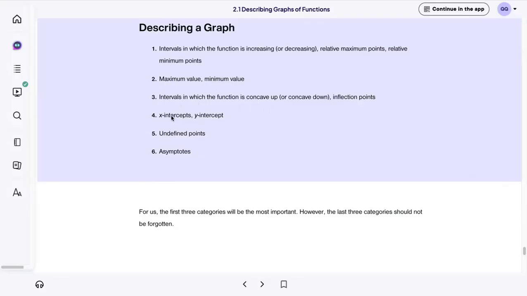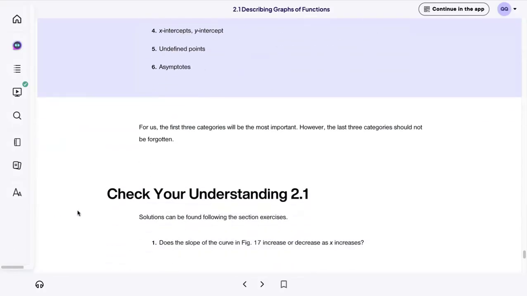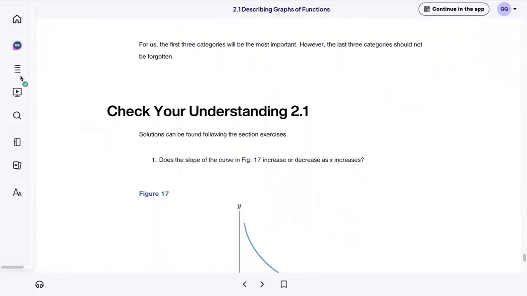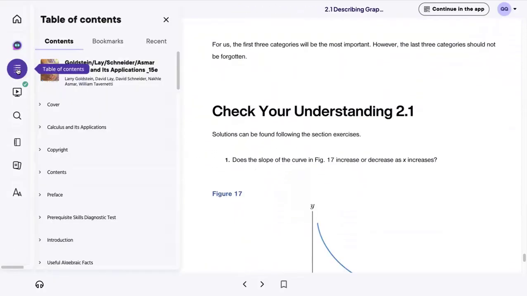We can talk about the x-intercept, y-intercept, or undefined points. For undefined points, usually we see an open circle. And the asymptotes. So when we graph a function, we can involve all those characteristics, or we can use these characteristics to sketch a graph of a function. Okay, that's one.